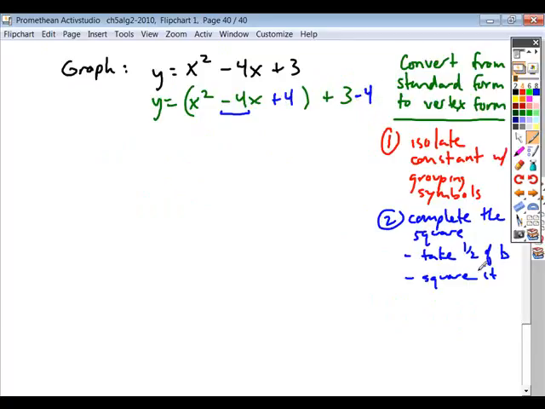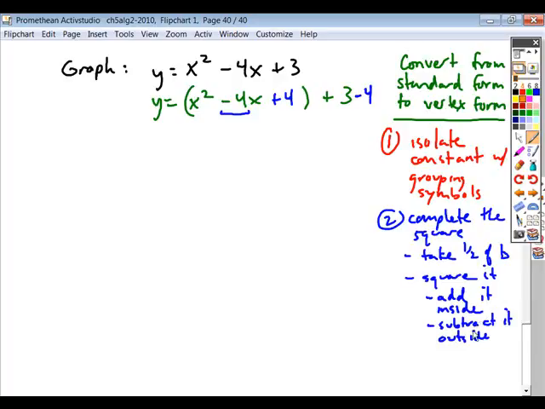Okay, so once you square it, you're going to add it inside your grouping symbols, and you're going to subtract it outside your grouping symbols. Okay, so this allows you to maintain the balance of the equation. You haven't changed anything, just the form.